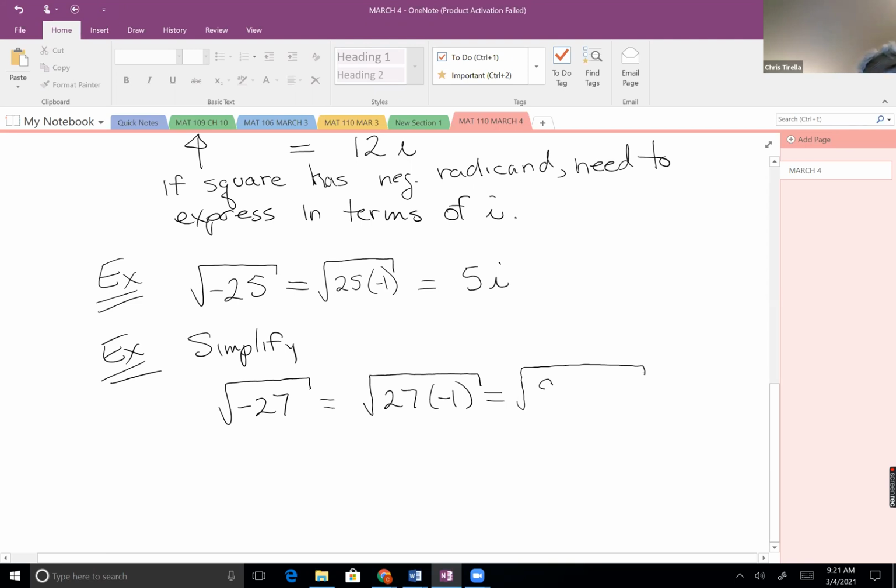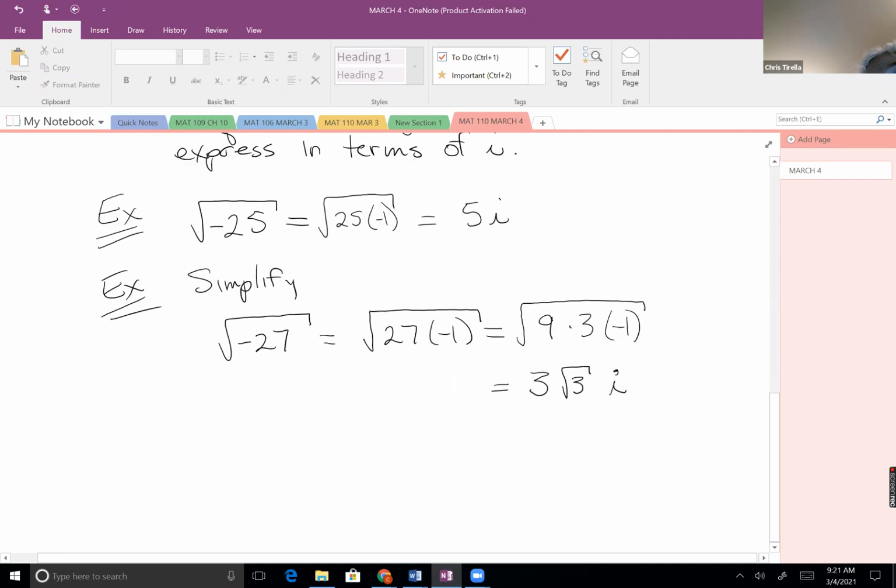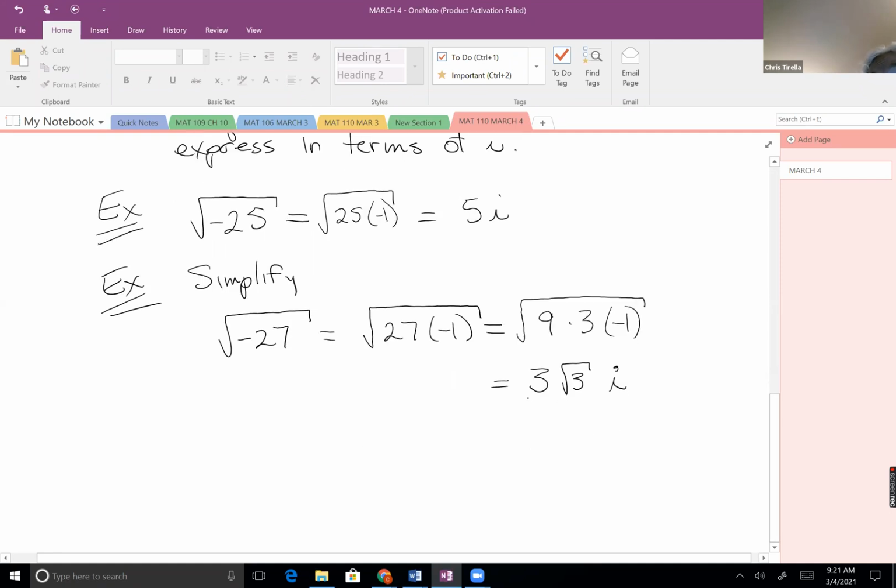So that's 9 times 3 times negative 1. The square root of 9 is 3. The square root of 3 is the square root of 3. And then that square root of negative 1 is i. Usually we want to put it in that bi form, but we have a coefficient on i so that the i is at the furthest to the right factor.